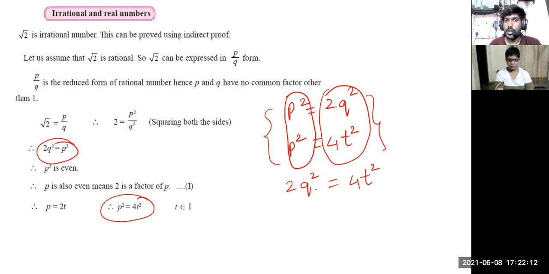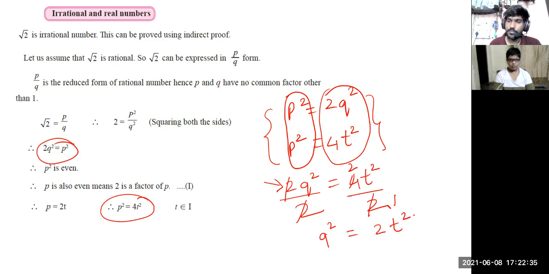Okay. Now you have 2 here. So what we can do is we can divide both the sides by 2. After dividing by 2, what do we get? Here 2 and 2 cancel. Here 2 ones are 2, 2 twos are 4. So you will have q square is equal to 2t square. Did you understand this?